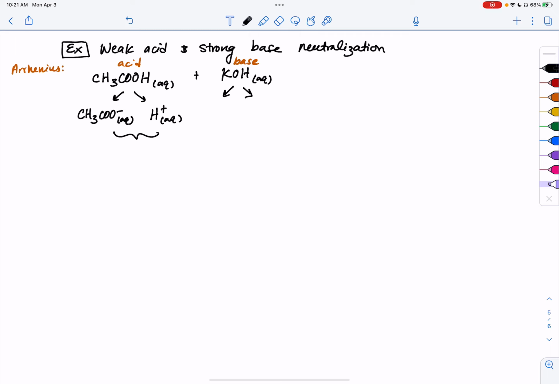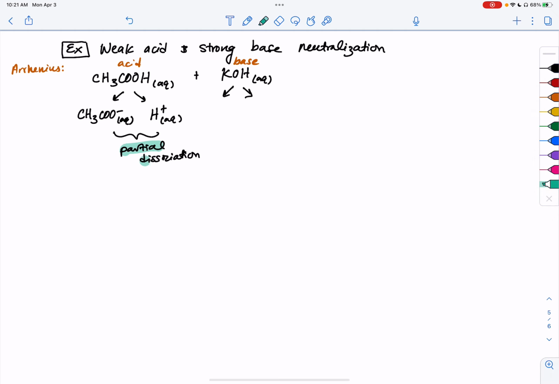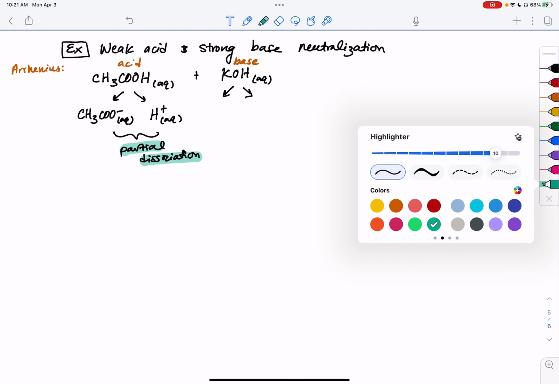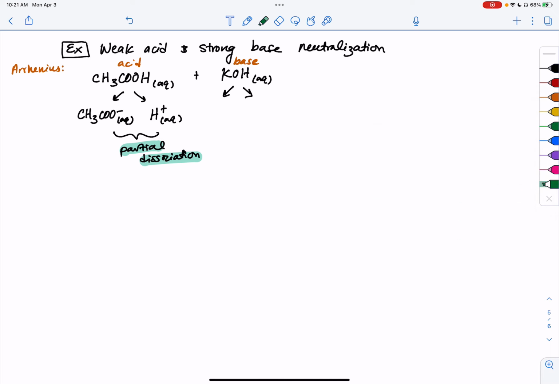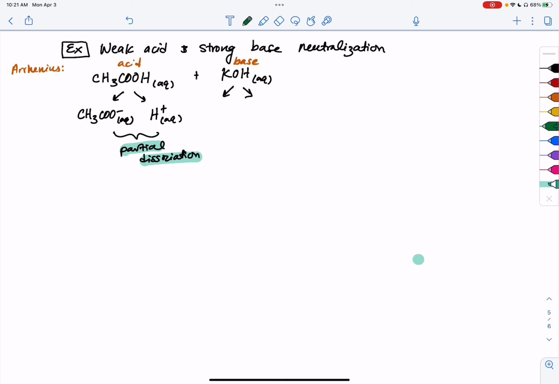However, we know that this is a partial dissociation. And because this overall is a partial dissociation, I have to write my actual neutralization reaction as one that is partial as well, meaning I can show that the neutralization does occur in the forward direction, where I have some acid donating a proton to my base, which accepts it.